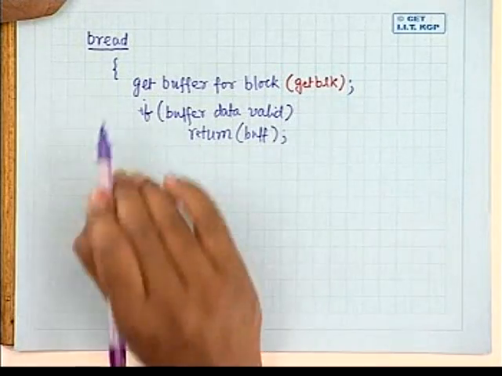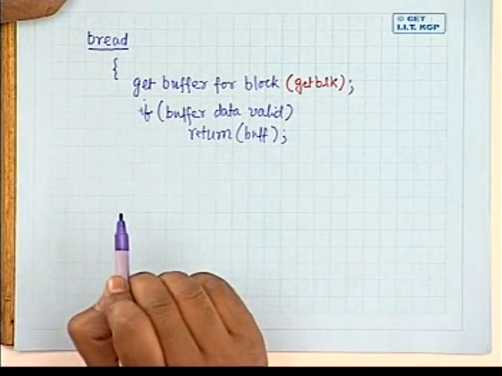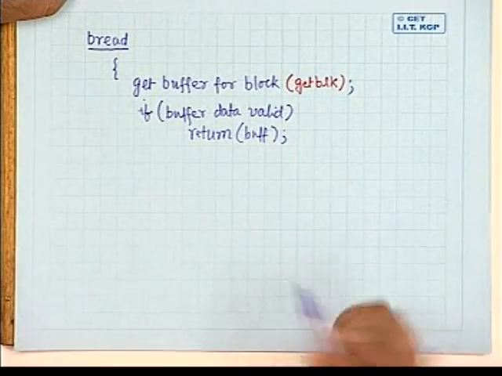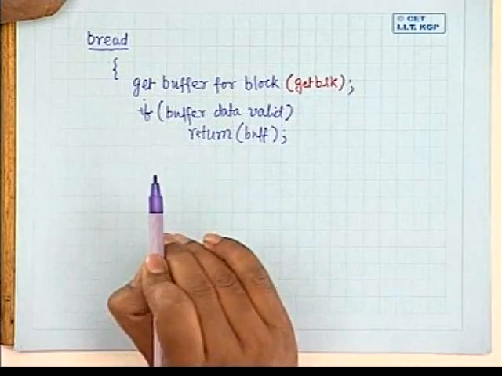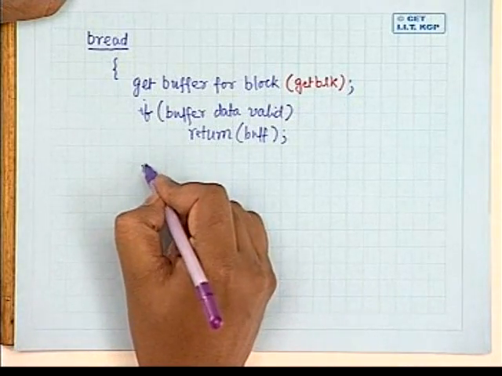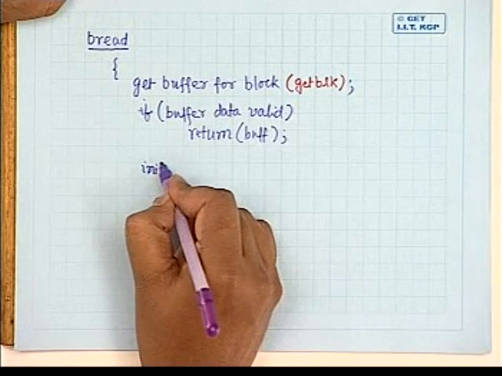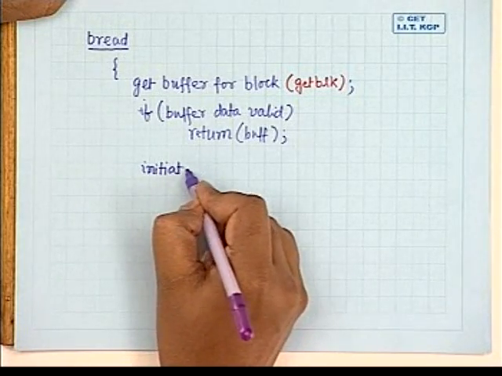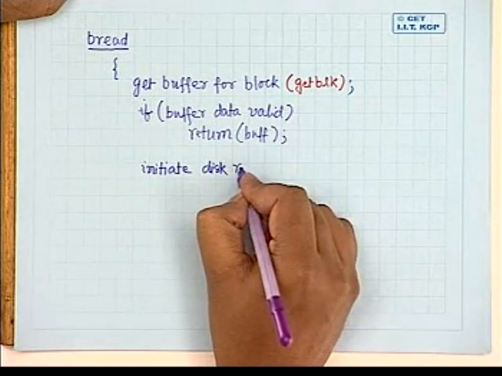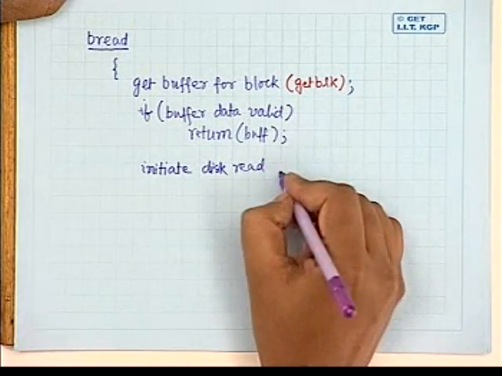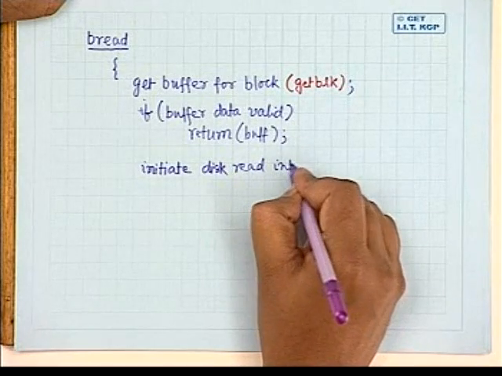Right. So, once the process gets this free buffer, then the process has to initiate the disk read operation, because the disk read operation is not taken care of by get block. Then what you have to do is initiate disk read, obviously into the buffer.